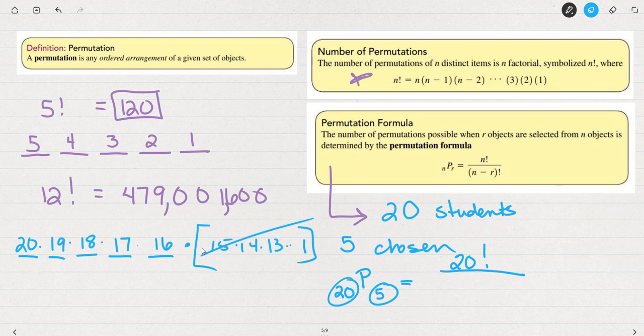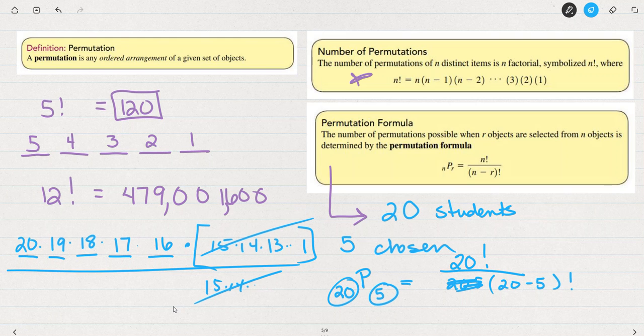So I did the 20 minus 5. 20 minus 5 is what got divided out. That 15 times 14 and so on got divided out. So the formula would give us 20 factorial over 20 minus the number we're using, 5 factorial.